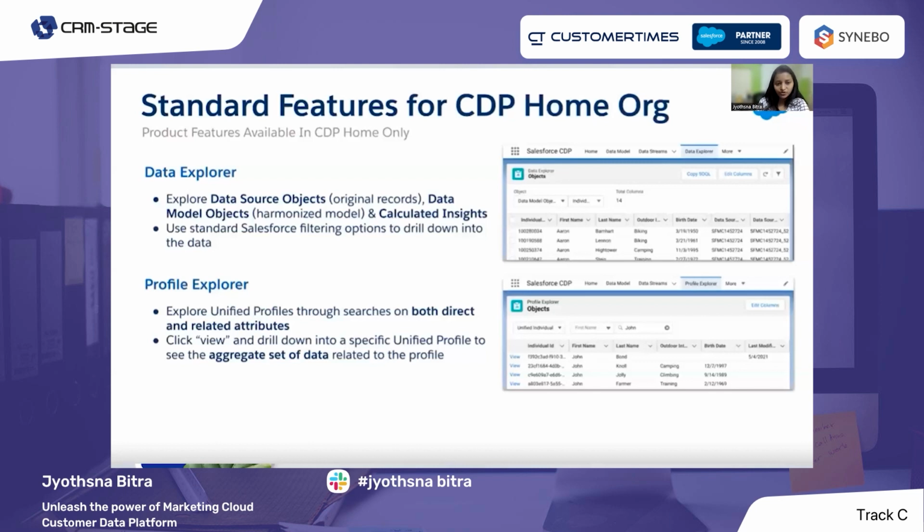The Profile Explorer helps in exploring the unified profiles. Once we have created the match rules and reconciliation rules and the profile on the customer is created, we can go to this tab and drill down into both the direct information and the related information on that specific connected unified customer. We can also see the aggregate data on that specific profile.